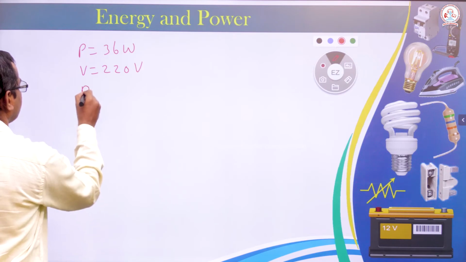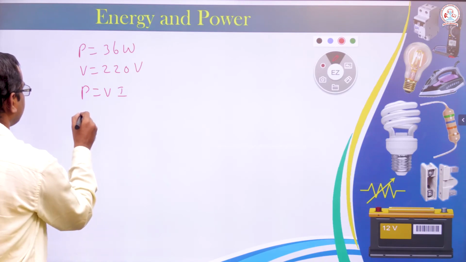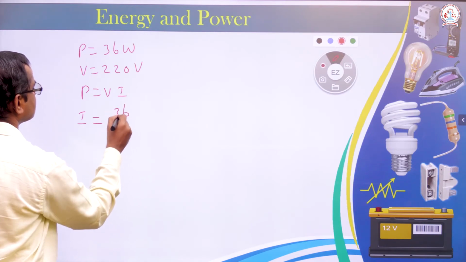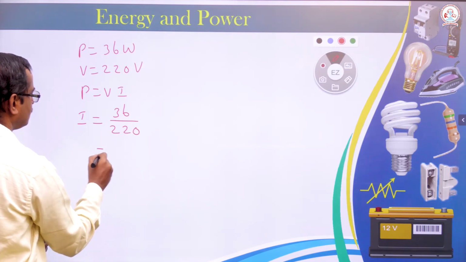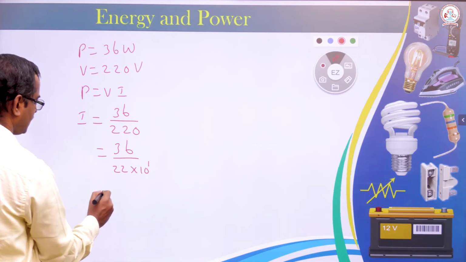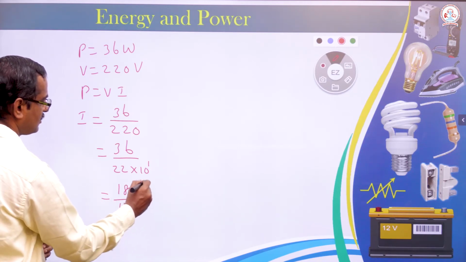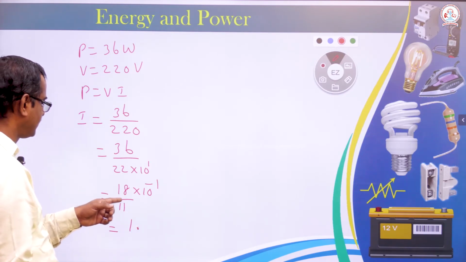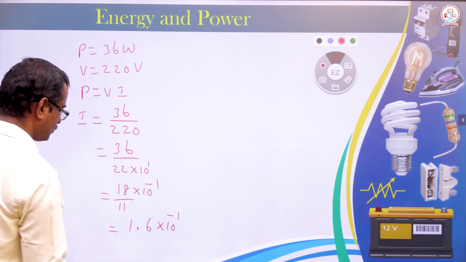Apply the formula, power equal to voltage into current. Then current I is equal to 36 divided by 220. That's equal to 36 divided by 22 into 10 power 1, which is 18 by 11 into 10 power minus 1, approximately 1.6 into 10 power minus 1.